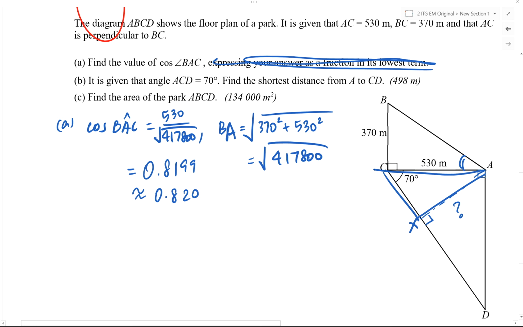Now, whether you are doing paper 1 or paper 2, sometimes you find a need to define this point over here, because we need to find the length of AX.